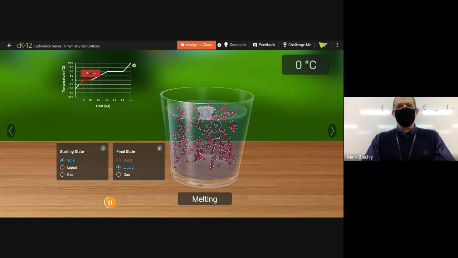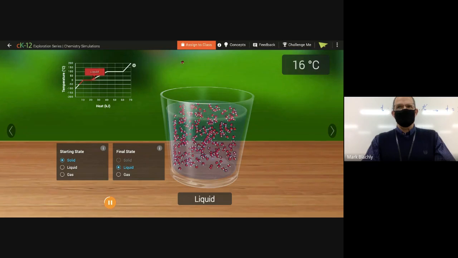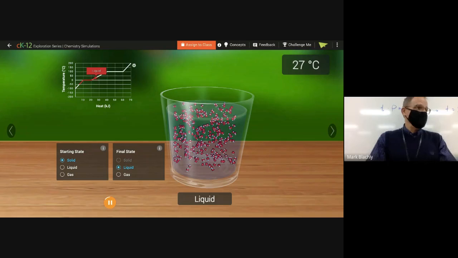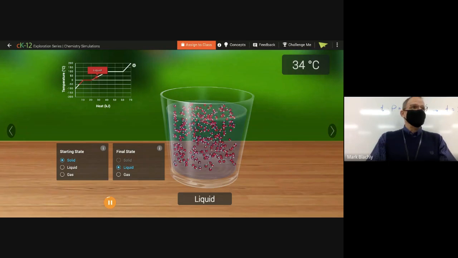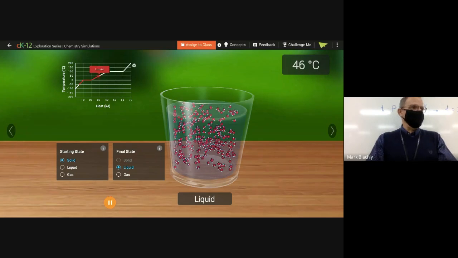Now, when all the ice is gone, boop, now the temperature starts going up again. Okay? So temperatures do not change when we are changing phases. When we add heat and we're at the melting point, it changes ice into water. It doesn't make the molecules move any faster. Once all the molecules have been turned into water, liquid, instead of ice, then it starts adding energy and the temperature starts going up, okay?